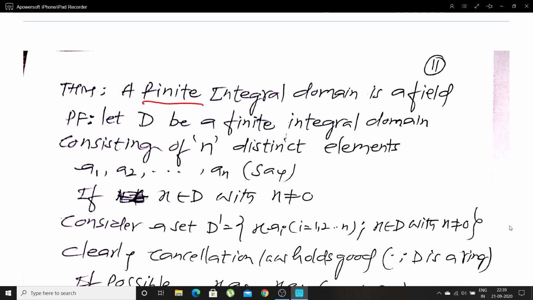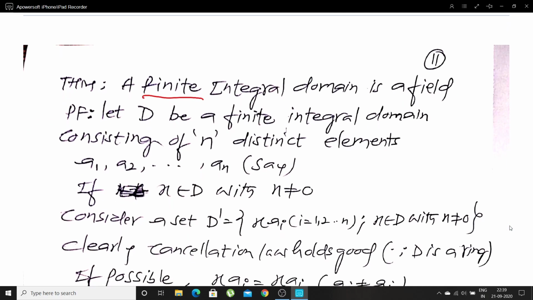Let me take a finite integral domain consisting of n distinct elements. That means all the elements are distinct: a1 is not equal to a2, a2 is not equal to a3, and so on, a(n-1) is not equal to an. Let me take n elements.